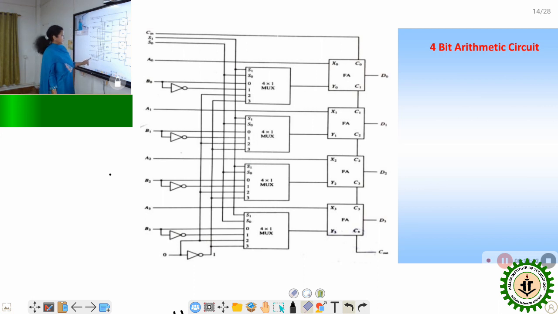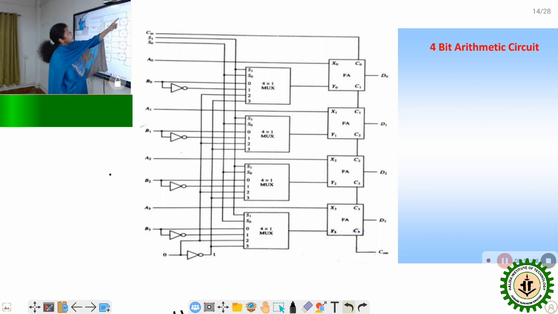B3 complement will be applied here and go to the output line. In this way, every full adder's second input gets the complementary value. That is, B0 complement will be applied here, B1 complement here, B2 complement here, B3 complement here.